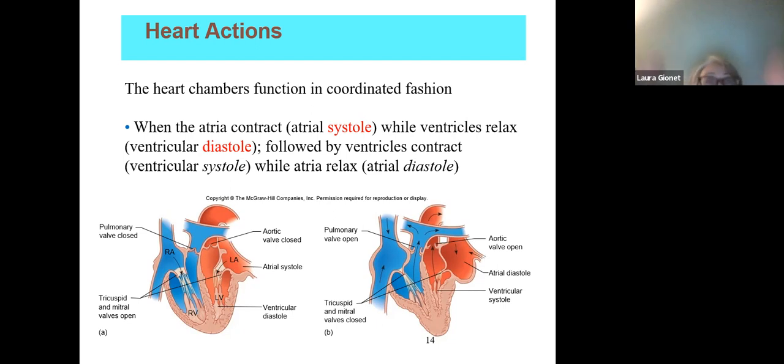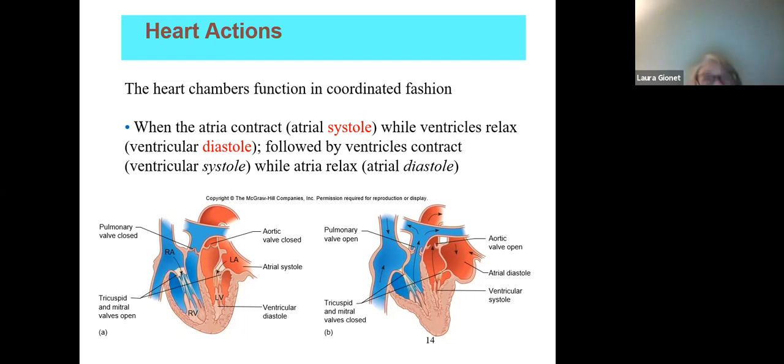They close the tricuspid and mitral valves that were formerly open, and those chordae tendineae and the papillary muscles keep those flaps from flipping inside out, those valves from becoming incompetent, so that when the ventricles contract, the blood has only one way to go: from the right ventricle to the pulmonary valve to the pulmonary trunk, and from the left ventricle to the aortic valve to the aorta.